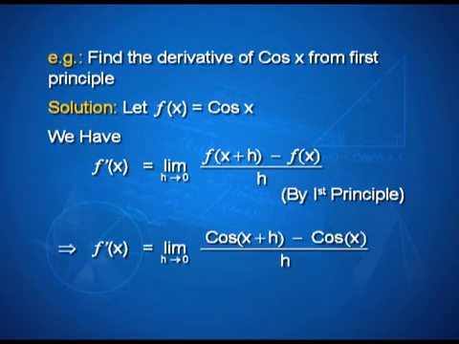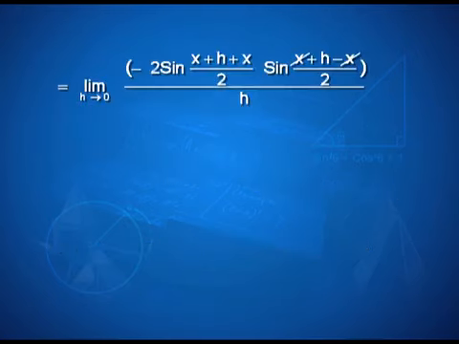That implies f dash x is equal to limit cos of x plus h minus cos x divided by h as h tends to 0, can be written as limit minus 2 sin x plus h plus x upon 2 into sin x plus h minus x upon 2 divided by h as h tends to 0.